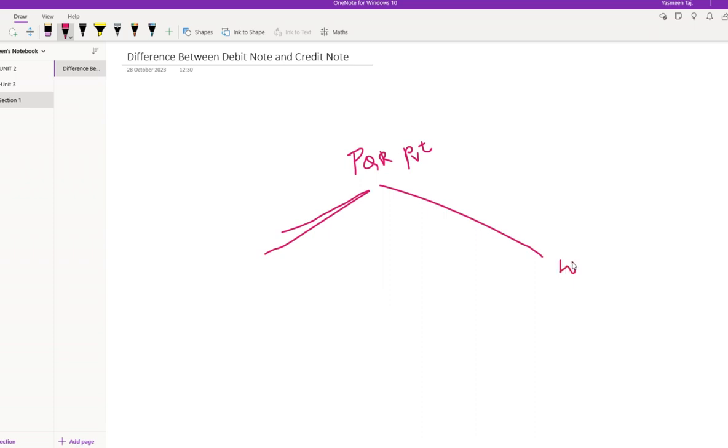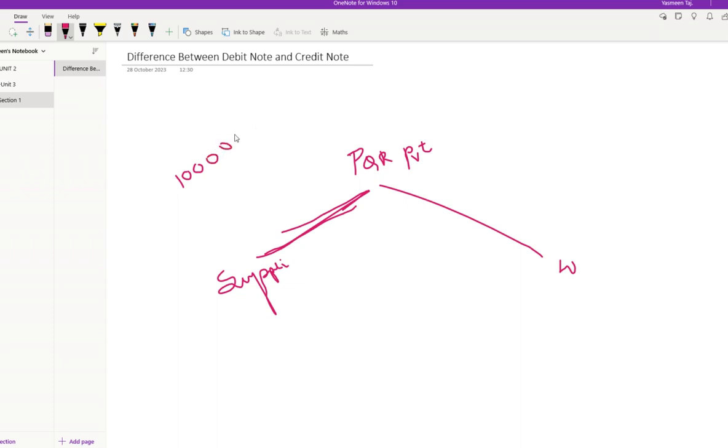Assume there is a wholesaler who purchases goods from you, and there is a supplier who supplies material to you in the market. You are purchasing material from this supplier for your business. Assume you have purchased material worth 1 lakh rupees from this supplier.